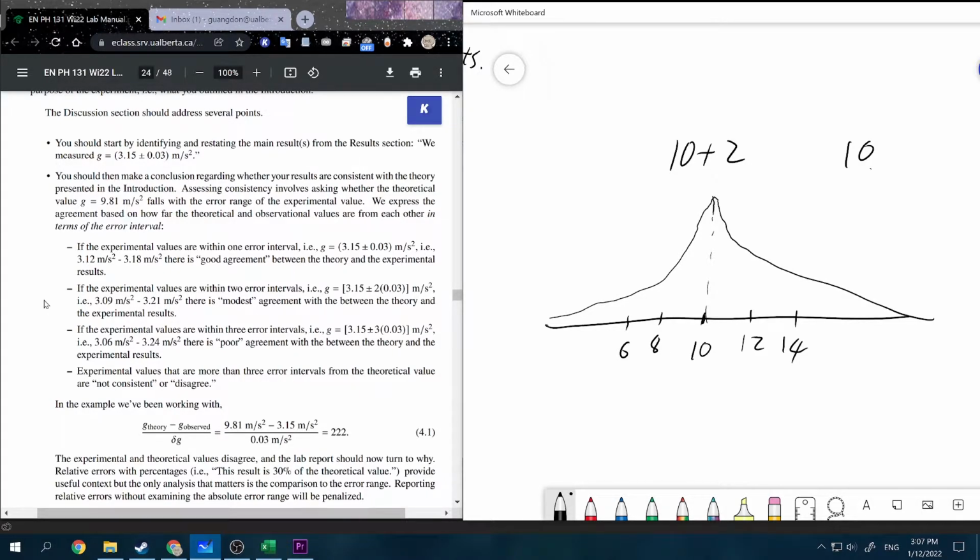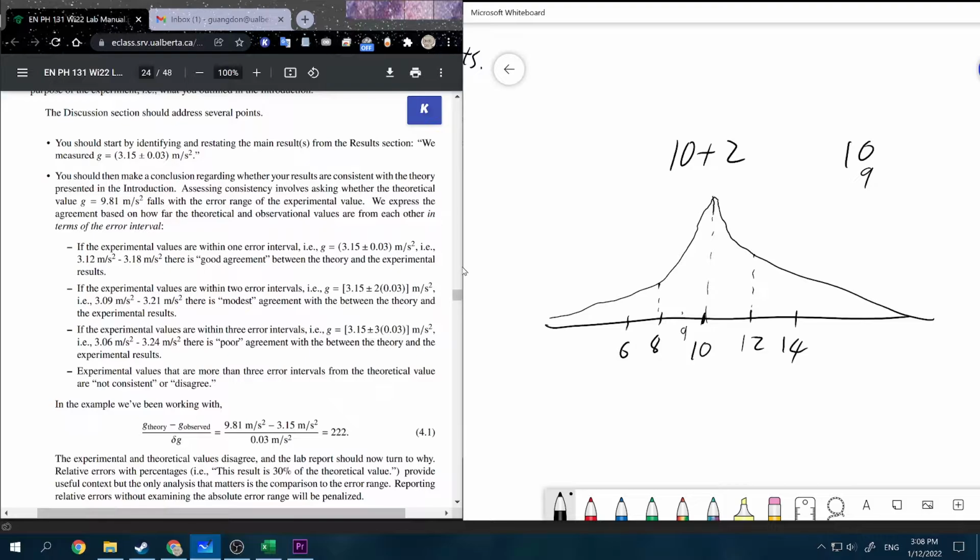And then if it's 9, then 9 is here, and it's within 1 standard deviation or error away. Well, we can say that it is still quite close to our measurements, and if it's within 1 standard deviation away, that is above 8, below 12, then we say that it's a good agreement.